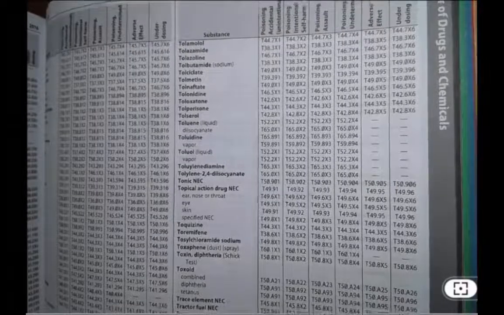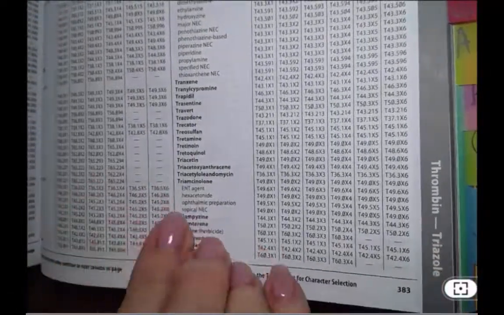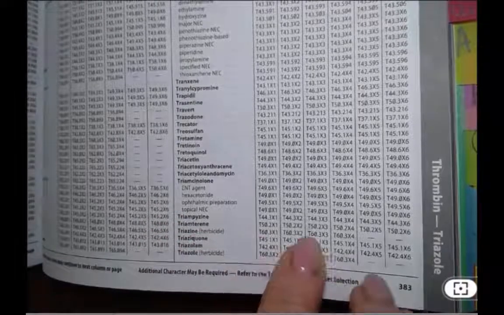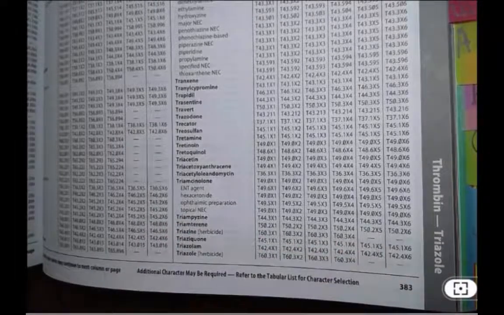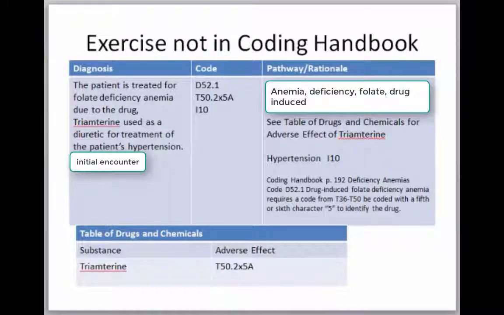Yep, the next to last column is adverse effects. So triamterene, T50.2X5. And then the seventh character is our initial encounter. And hypertension is as simple as I10.